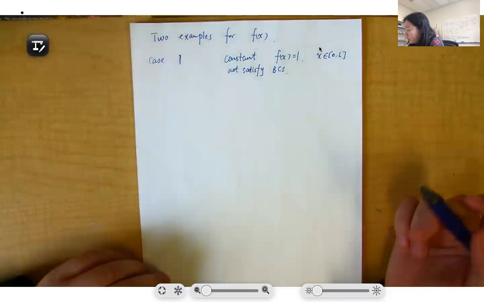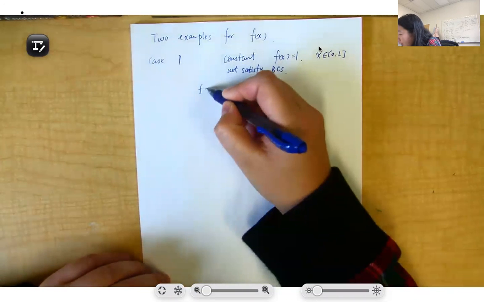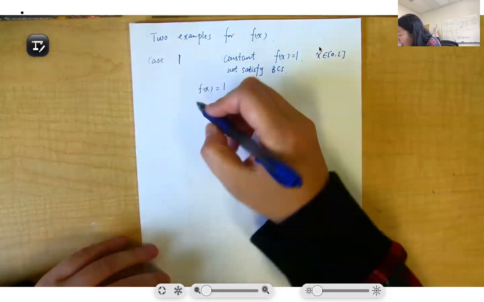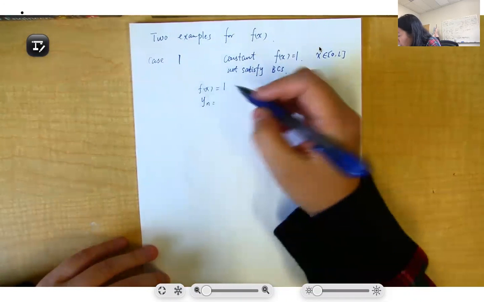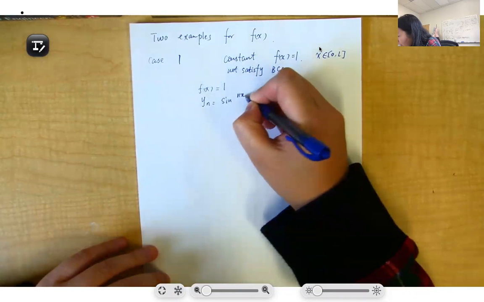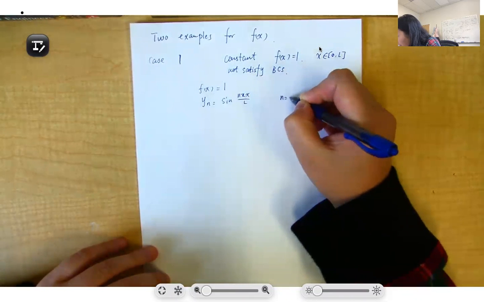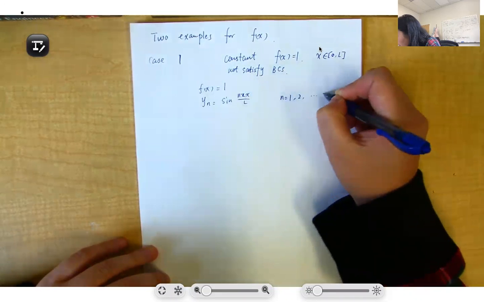So as we mentioned, fx equals to 1, my yn is equal to sine n pi x over L, where n starts from 1, 2 until infinity.